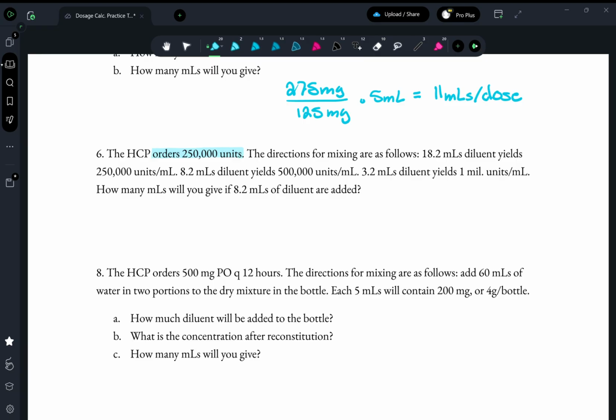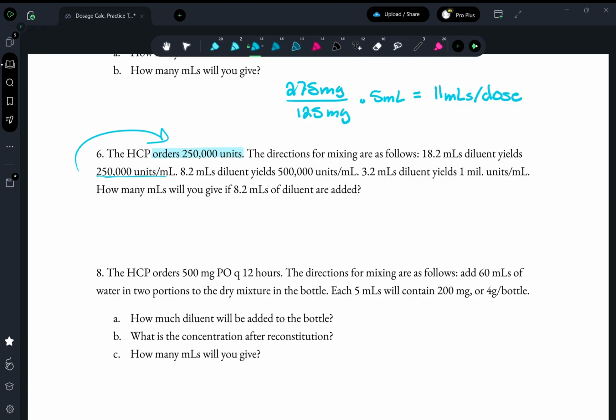And for this question, the medication label in the book has a neat little chart for how many mLs you add and how many units per ml you'll have after it's added. So I wrote it out here just for simplicity's sake. So if you put 18.2 mLs of water, you're going to get 250,000 units, which sounds a whole lot like our order, right?